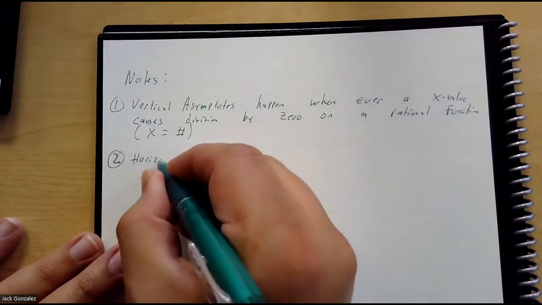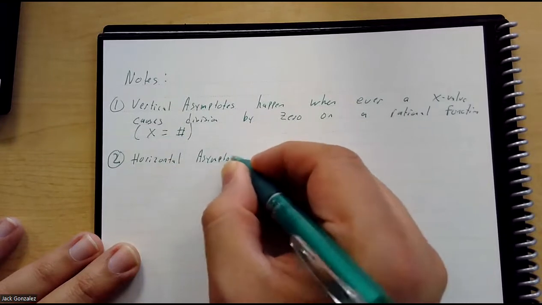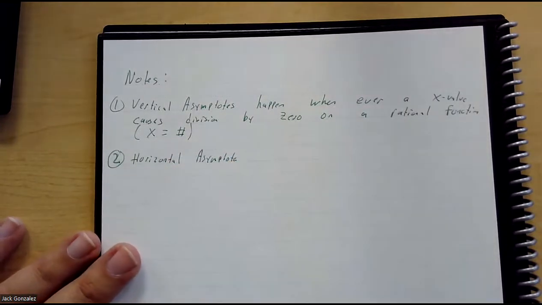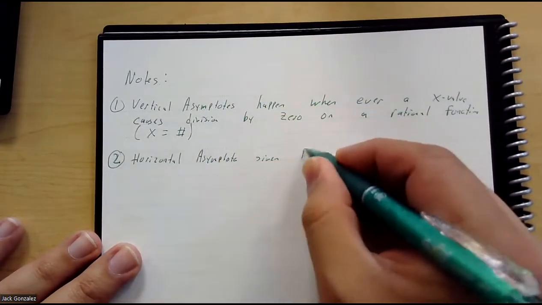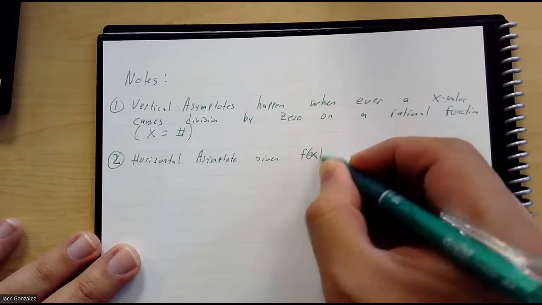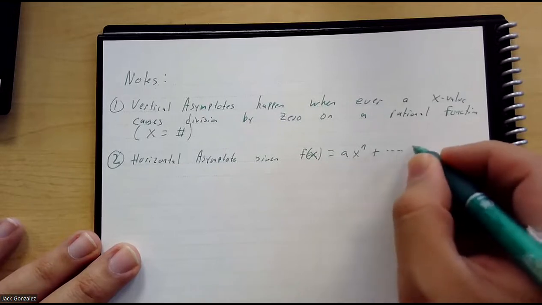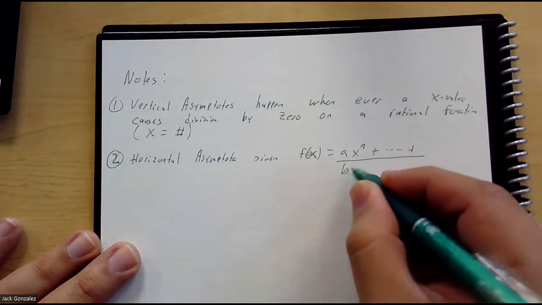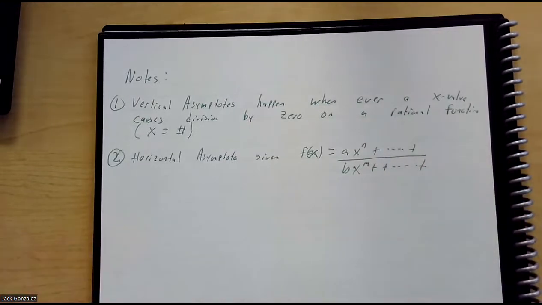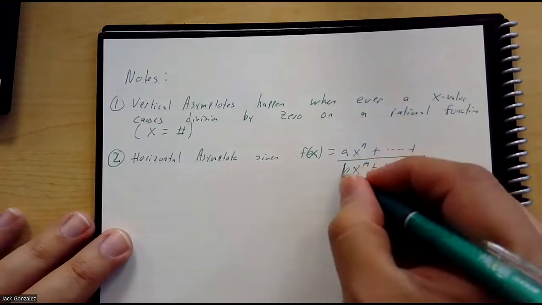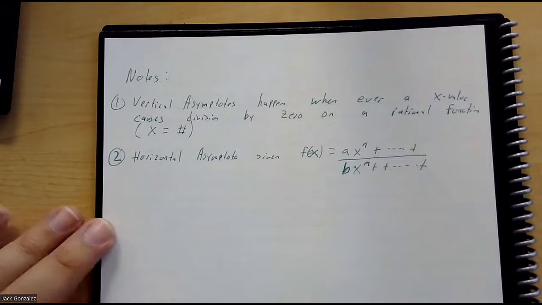Now, horizontal asymptotes have 3 different scenarios. Given a rational function of this form, ax to the n plus some garbage over bx to the m plus some garbage. Here are the 3 scenarios.